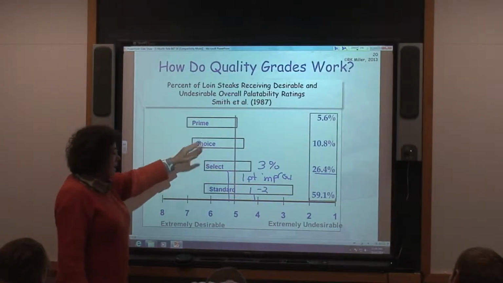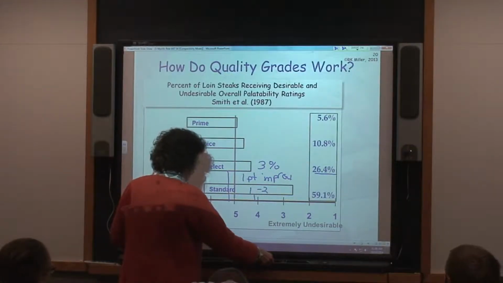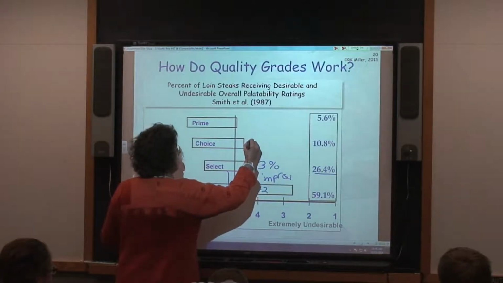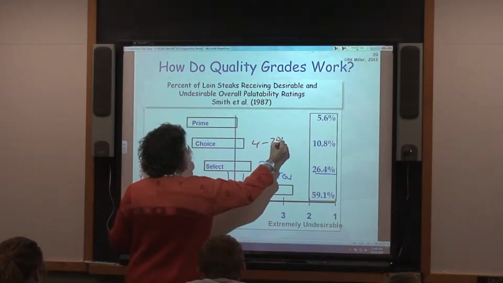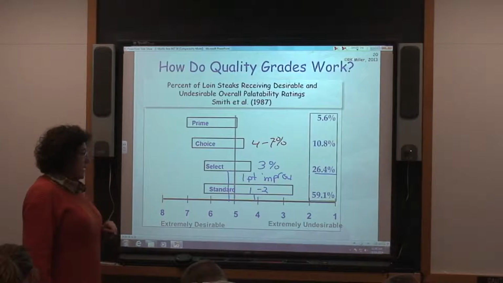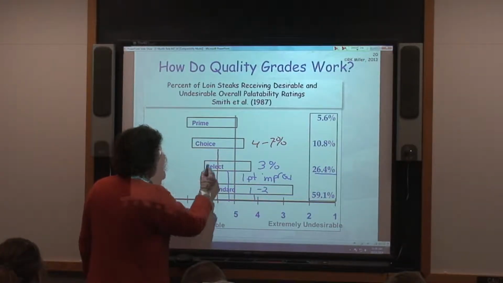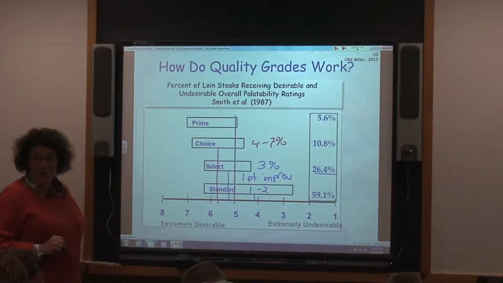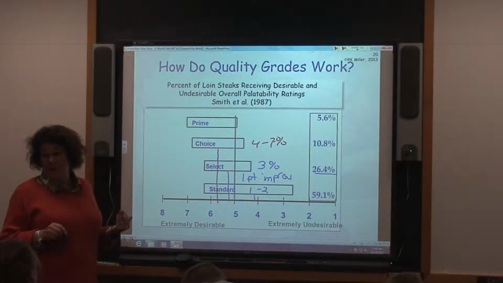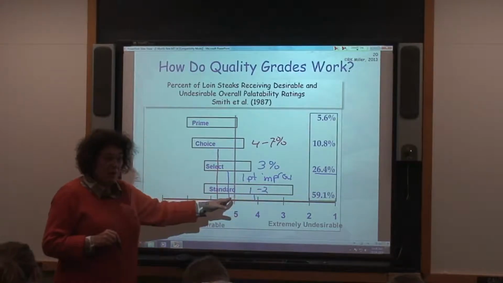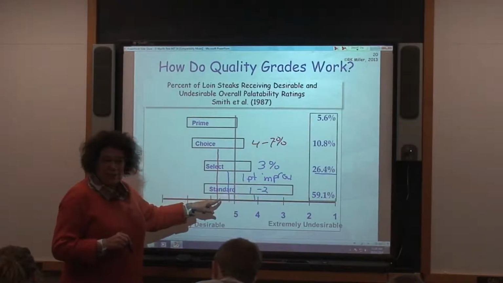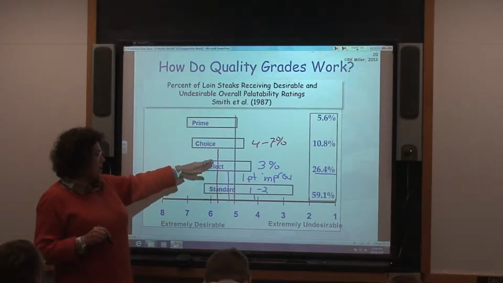When we go from select to choice, and remember that choice is going to be 4 to 7% chemical lipid, again the box moves over, and we're up here at about 5.8 on average. So on average, we see a 0.5 point improvement. Remember that change in the slope? We see a big difference.